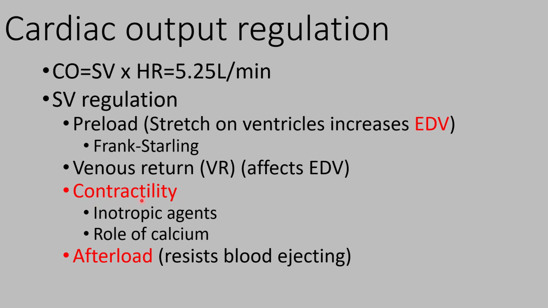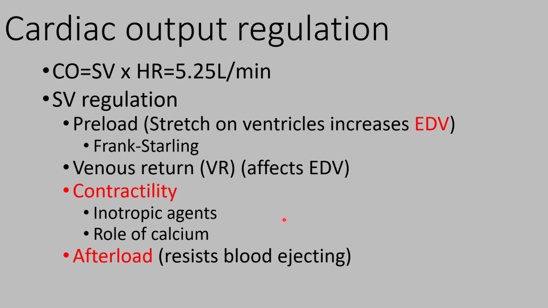Let's say I have two muscle fibers stretched to the same length, and one of them I give a little bit more calcium to, and one of them I give a little bit less calcium to. Now, even though they're stretched to the same degree, one of them is going to contract harder, the one with more calcium.